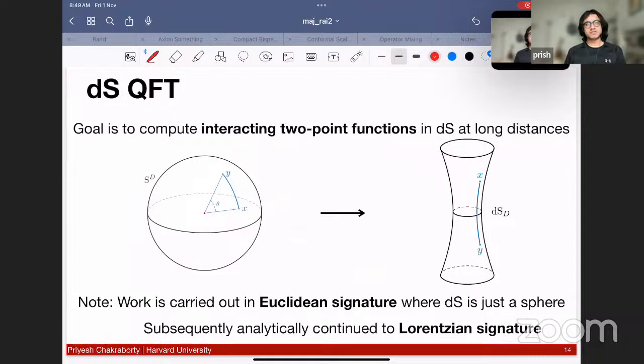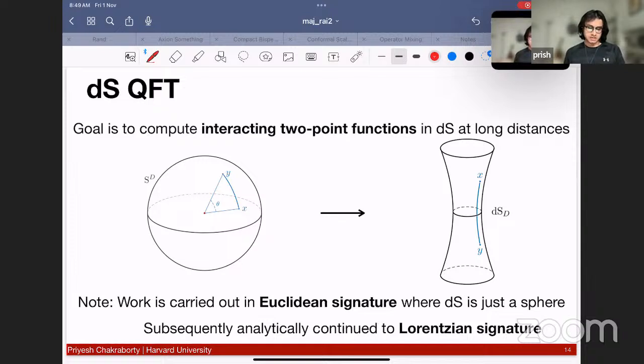So many of the calculations involved use slightly non-traditional methods. So at any point, if you have any questions, please feel free to stop me. But just to give you a sense of how these things are calculated, because that is itself an interesting topic: what we want to do effectively is compute an interacting two-point function in de Sitter, and we want to extract its leading behavior in the infrared.